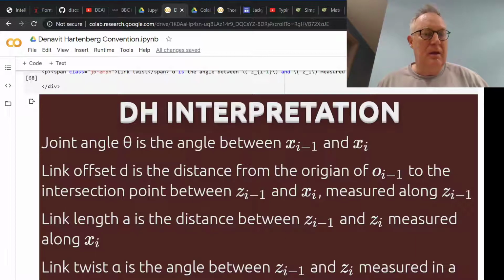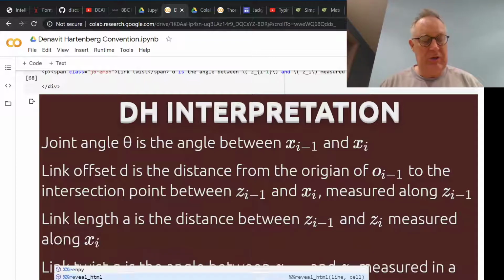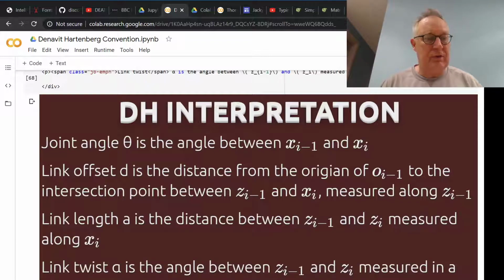However, you can actually prove that the Denavit-Hartenberg convention is able to describe any robot system. So it is not a convention that restricts you to only certain kinds of robot systems. For any robot, we can align the coordinate systems in such a way that we can follow the convention.